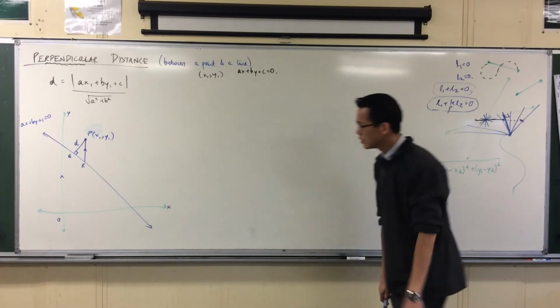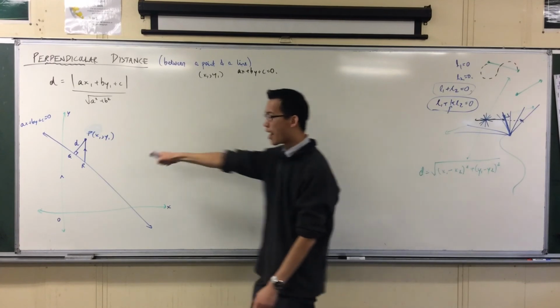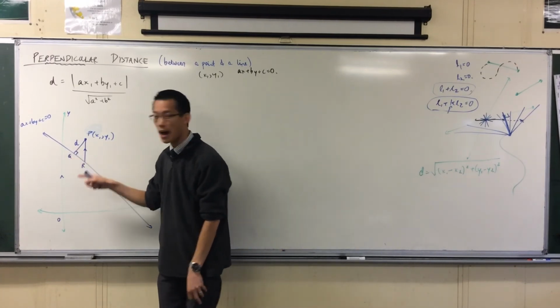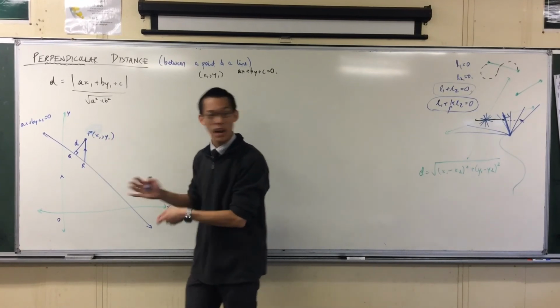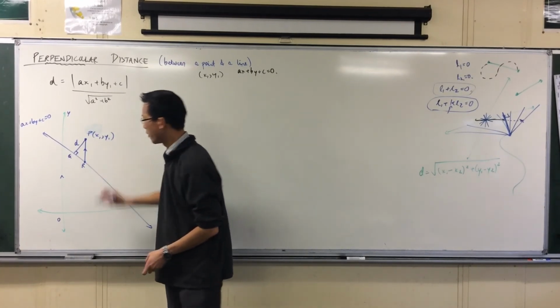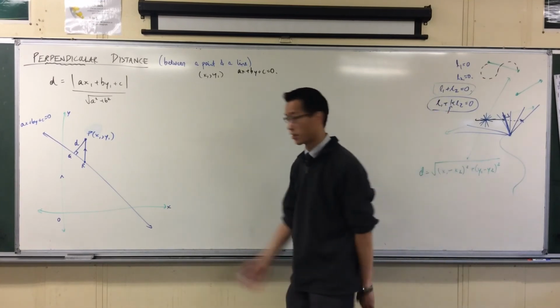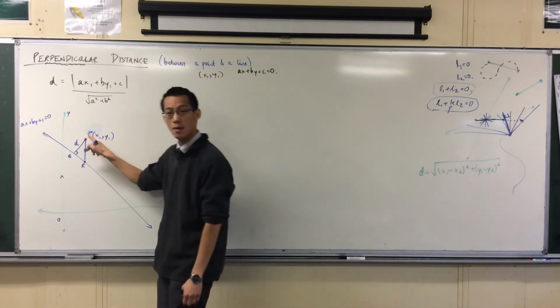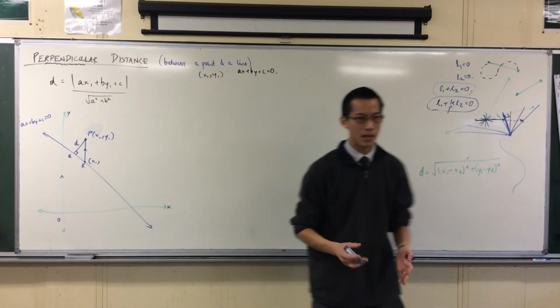Before I put any more constructions on, I can work out the coordinates of both Q and R. Q's a bit tricky because of this right angle business, but R is not hard to work out. For instance, what's the x coordinate of R? It's just x1 because it's vertically, directly underneath P. So that's easy.